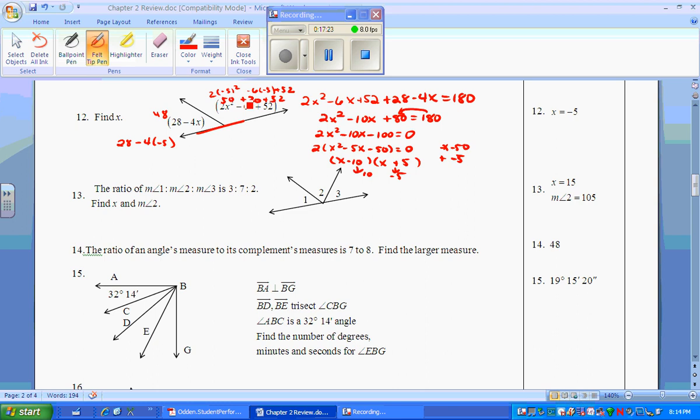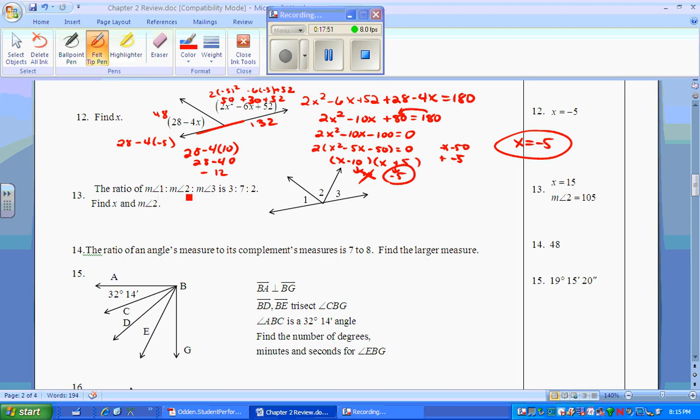And then 52, so we got 132. So this does work. Let's try 10. So we get 28 minus 4 times 10. Well, that's 28 minus 40. So that's a negative value. So 10 doesn't work. The only answer is x equals negative 5.